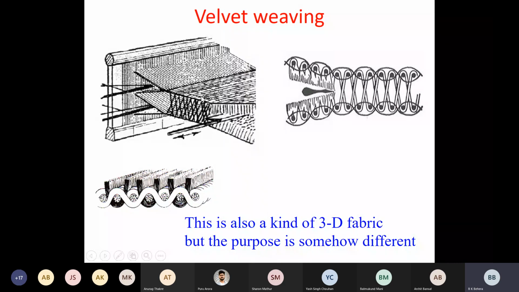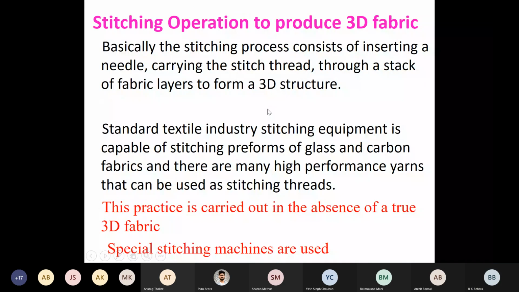Only by virtue of its structure, its shape, its thickness, it looks like a 3D fabric, but it really does not serve the purpose of 3D fabric. The idea is we use this concept today to make special fabric, which I will explain probably next class. But anyway, 3D can be produced by the velvet weaving principle. That is what the meaning is. That was the first concept of 3D.